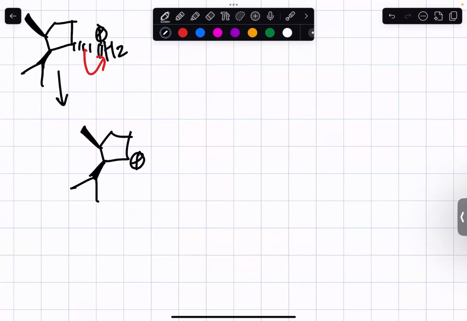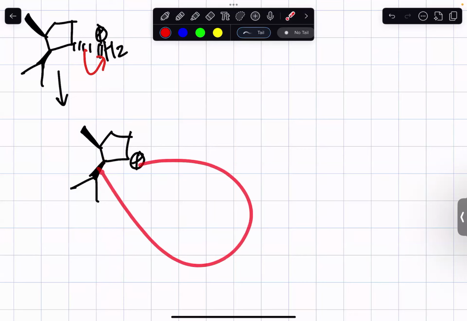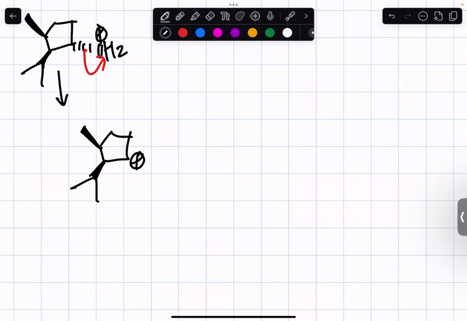Okay. So we see here this is a secondary carbocation, but directly to the left of it, if we shift the carbocation over there, it could be a tertiary carbocation, which is more stable, more substituted. But we cannot draw that arrow because an arrow represents the movement of two electrons. There's no electrons there, so that would be wrong. What we have to do is a hydride shift: draw out the invisible bond with the invisible hydrogen, and shift that invisible bond with the invisible hydrogen to that empty void right there.